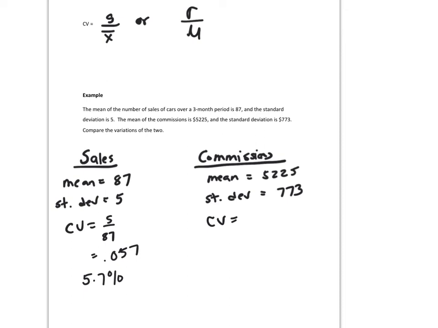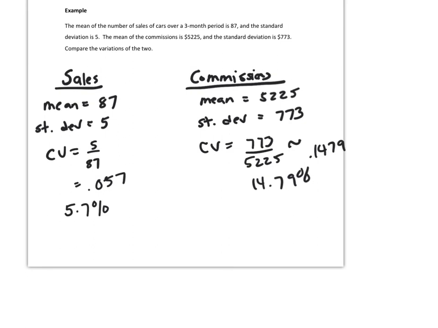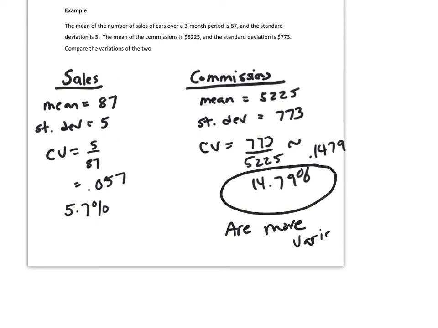So this would be 773 over 5,225, and I found that to be 0.1479 or 14.79%. Since the CV is larger for commissions, we would say the commissions are more variable than the sales.